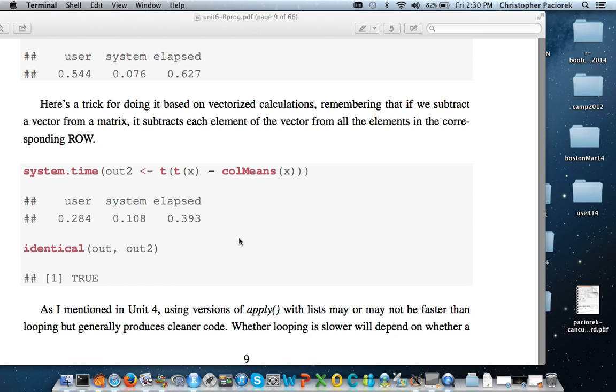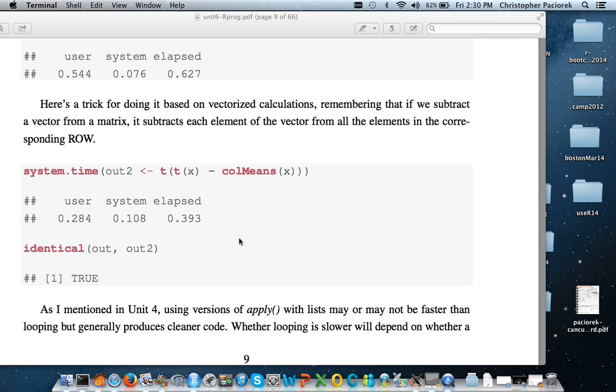So can anybody give me a reason for why that is the default way that R does things? So how does R store matrices? It stores them by column. The default answer to any question that I ask you like that is going to be, oh, because R is column major, right?